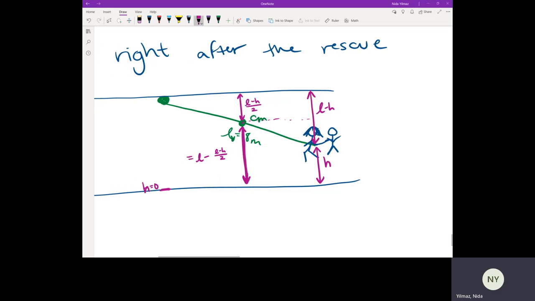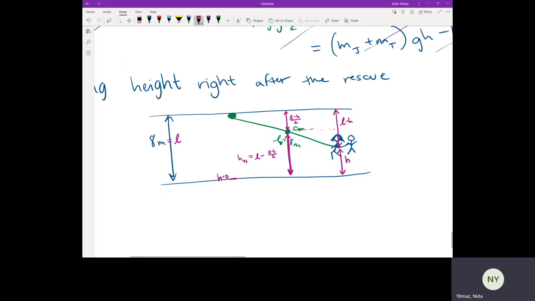And this would be H vine final. Hopefully that makes a little more sense with how we did the math.